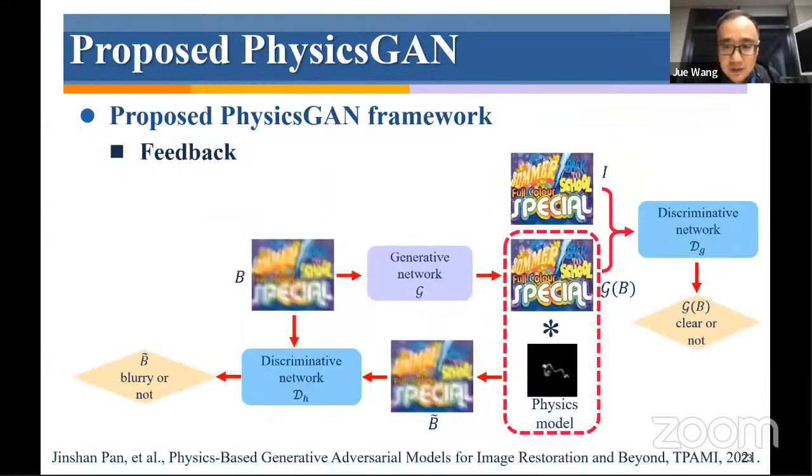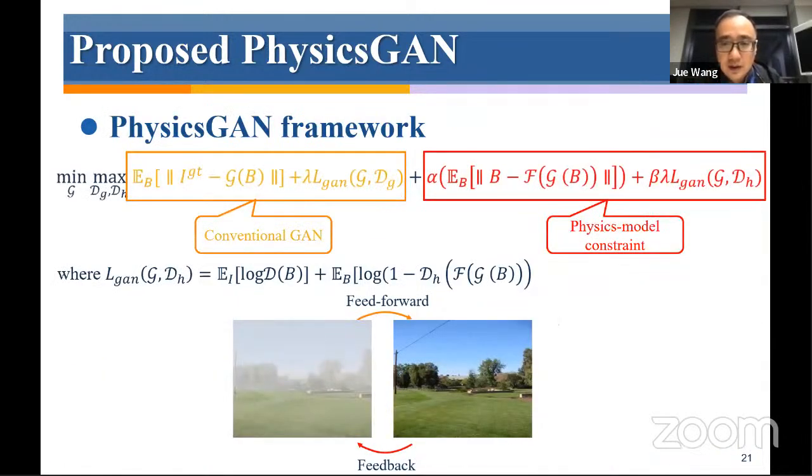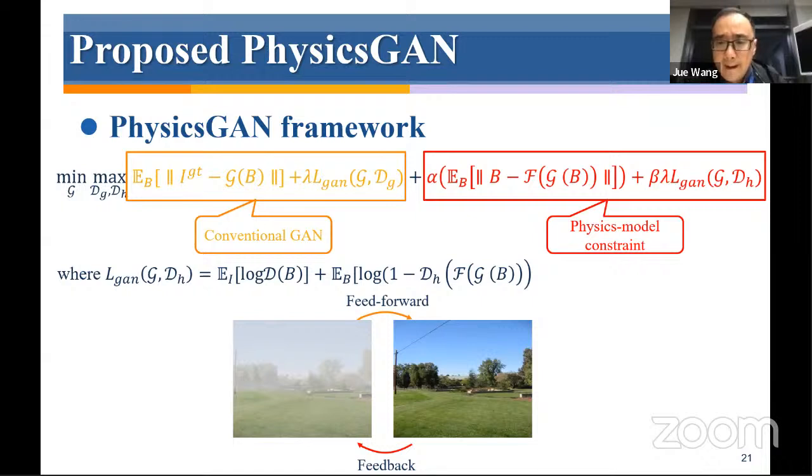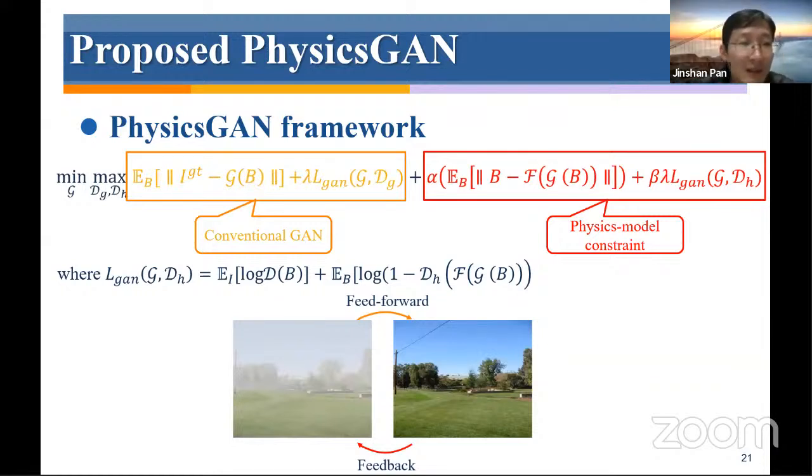So for the physics model constraint, for deblurring, you need the blur kernel here, right? Yes. So basically, it can only be trained with synthetic data. Is that right? Yes. Okay.